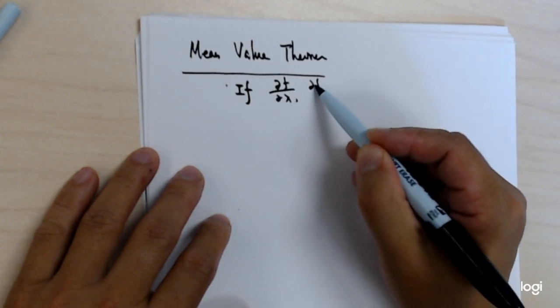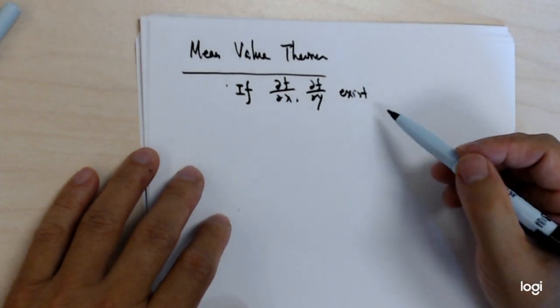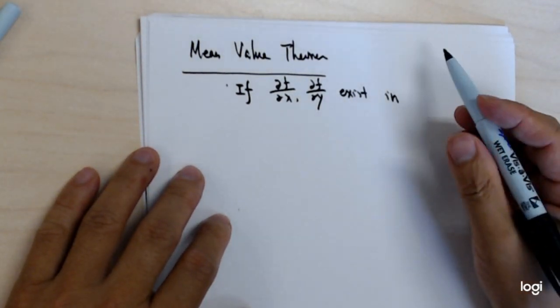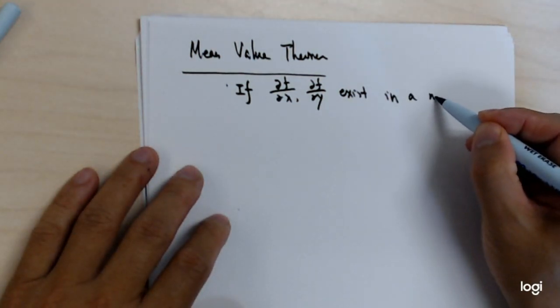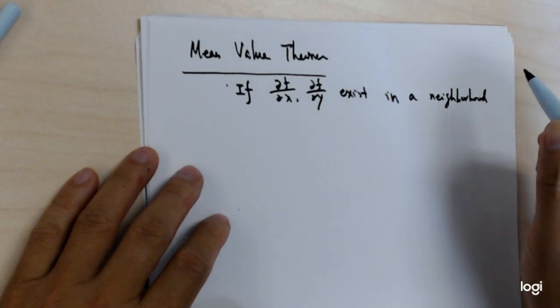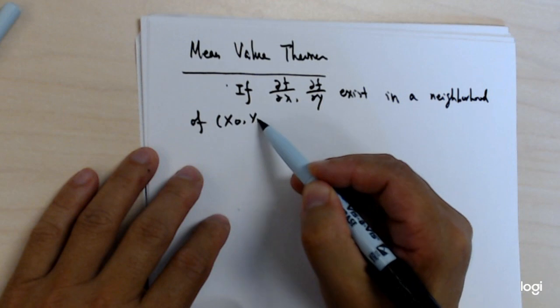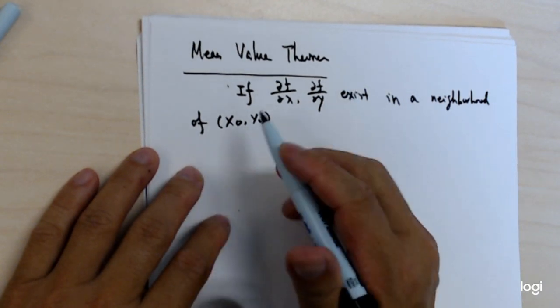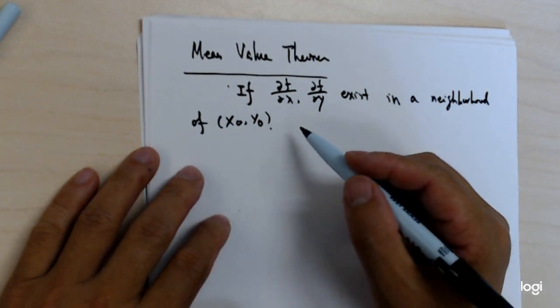Two partial derivatives in some neighborhood containing x naught, y naught. So not just at this point, but exists around this guy.